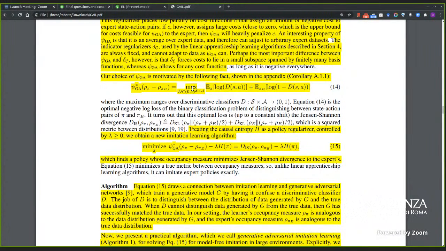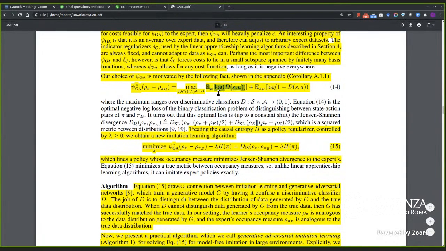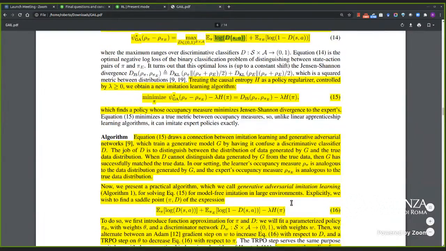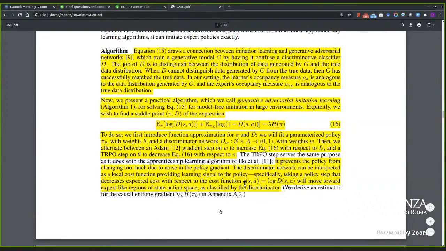In addition to this, we're doing this minimization here, where we're trying to find the best policy that optimizes this term, which means minimizing the cost function. If you replace log d of s,a with c, then this would be the cost function, which is why we have this additional definition where they say that c for us is the log of d of s,a.